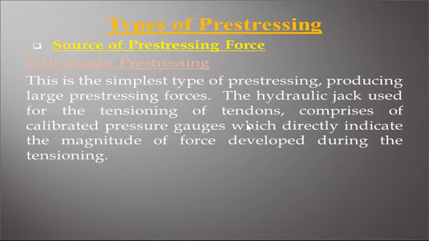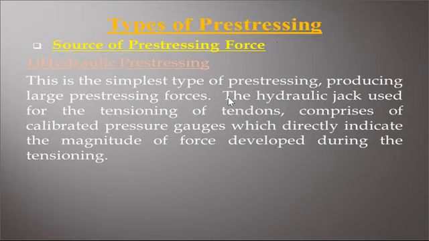Now, what are the different types of prestressing? Basically, when we broadly classify, one is the pre-tensioning system and second is the post-tensioning. But depending on the different applications, we have subdivided prestressing. First, on the basis of source of prestressing force, hydraulic prestressing.